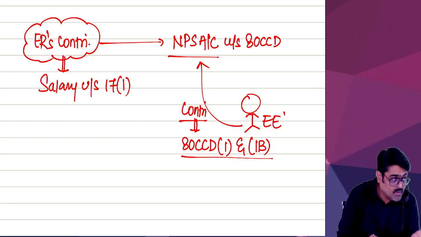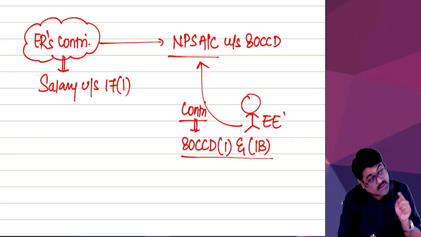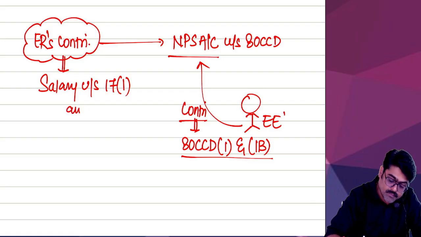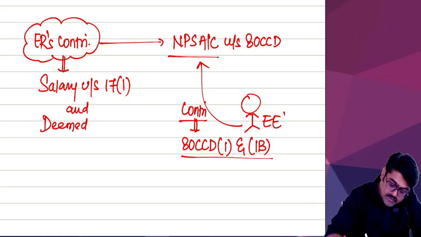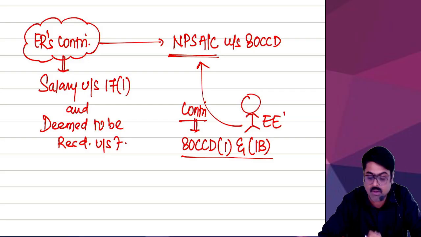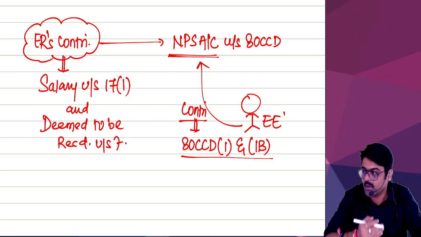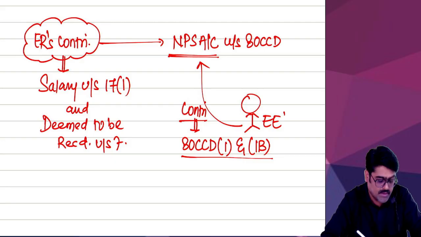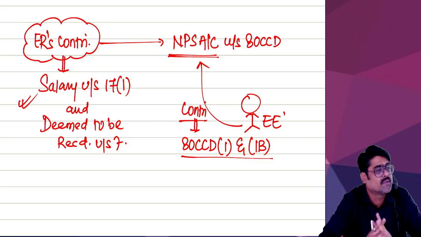Is it becoming due now? But still it will be taxable under the head salary, because as per section 7, it is deemed to be received. So NPS contribution by the employer will be treated as salary for the employee, taxable under the head salary.